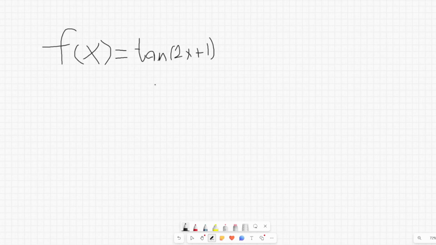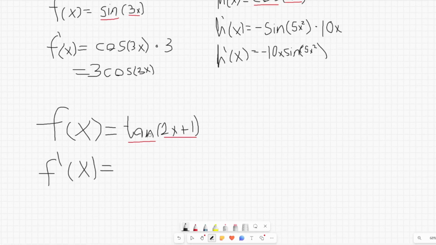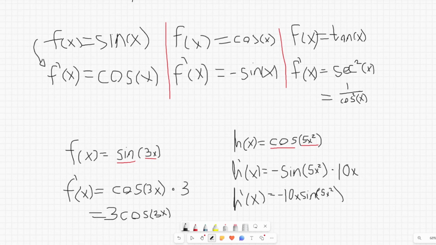So what we want to do here, again, is the chain rule. So inside function, outside function. So f prime of x is equal to, if we check up here, the derivative of tan x is secant squared x. All right?